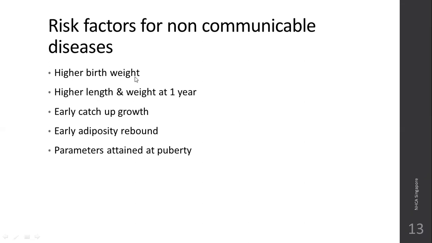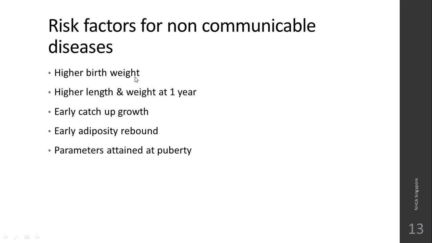Early catch-up of growth, that is also an indicator of non-communicable diseases. It means the sex steroids are working quite early in their lives, and that could have another impact on non-communicable diseases. Early adiposity rebound.